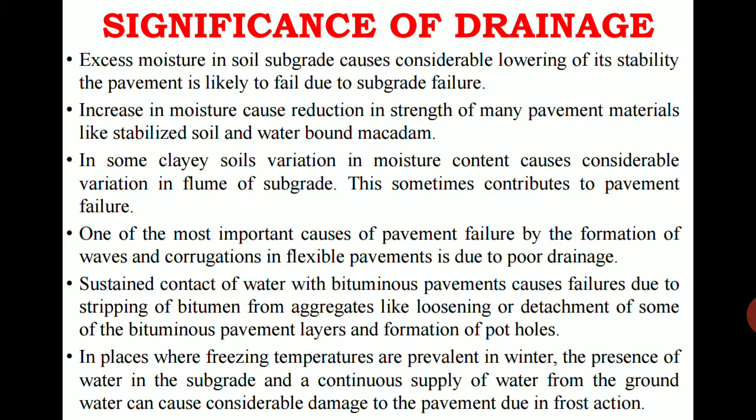So here what they are telling is, if the excess moisture is present in the soil subgrade, that is again a disadvantage of that particular material. That material having excess moisture is going to lower the strength of the pavement. That reduction of the subgrade strength is because of the excess moisture content present in the soil, right?